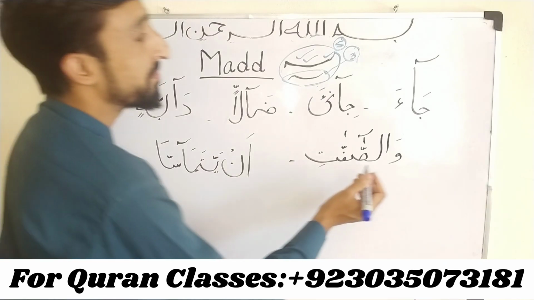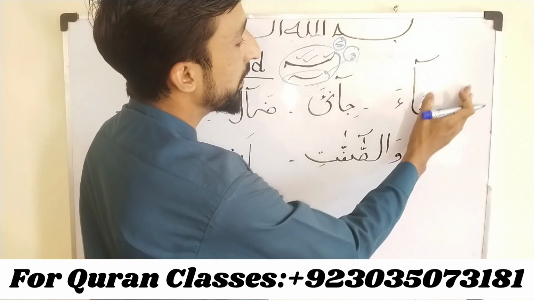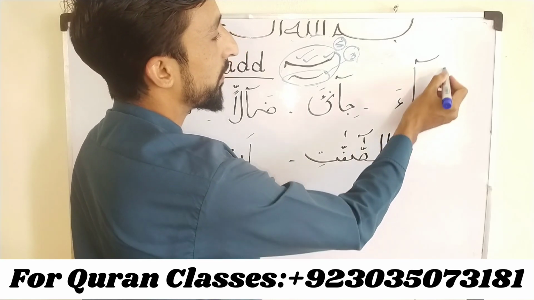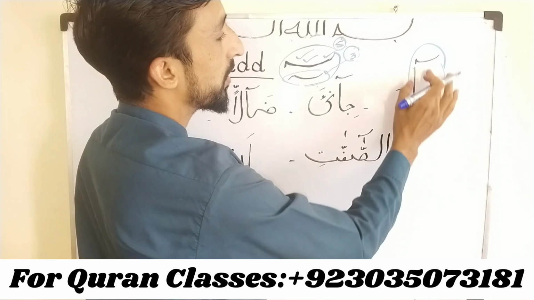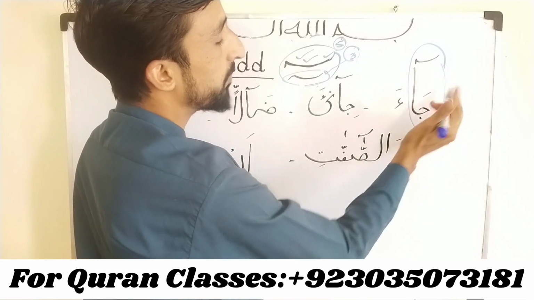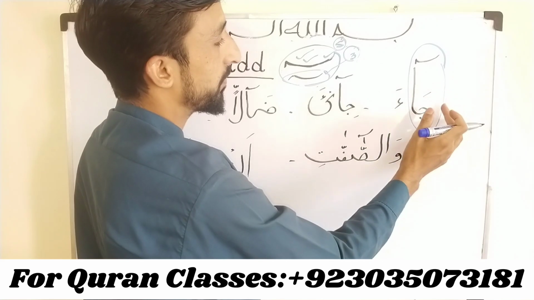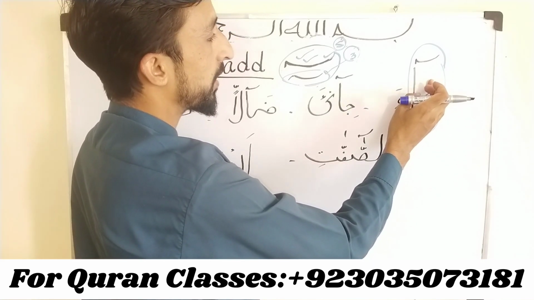Like here, in the first word, alif has a sign of mad. So when we pronounce this word, we stretch it for 5 seconds: jim, alif, fatha, ja.